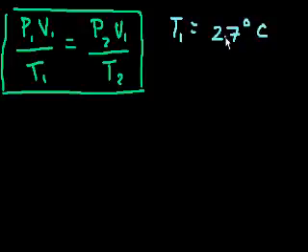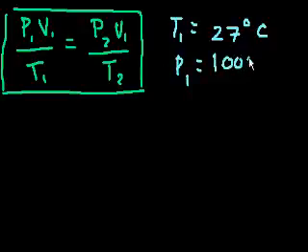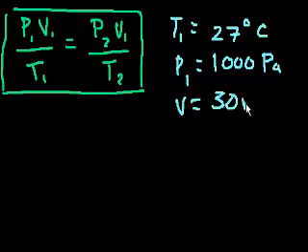Its pressure is 1,000 pascals, or newtons per meter squared, and the volume is 30 meters cubed. I think in one of the earlier videos I said newtons per meter cubed. No, it's newtons per meter squared. I just want to make sure I didn't confuse people previously. So that's the initial volume.